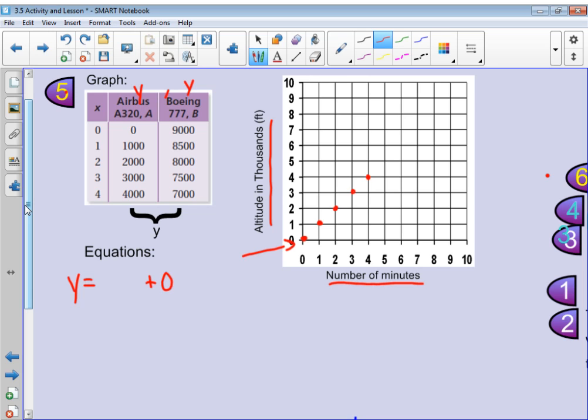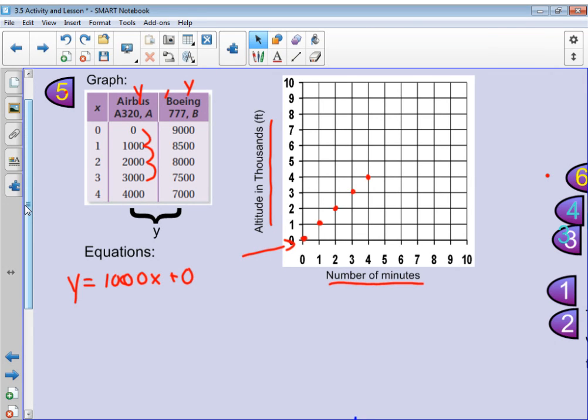And then our change in our y's was 1,000 every time. So it went up 1,000 every time. So 1,000x. Oops, and I wrote 100x. Now, normally we don't have to put that plus 0 in there, but I'm putting it in just so that you're understanding that I did remember to check the y-intercept.